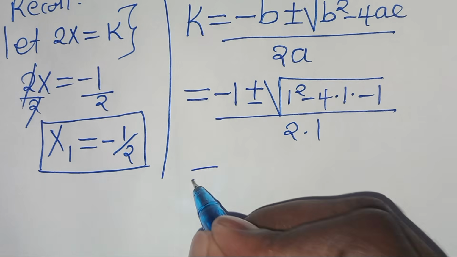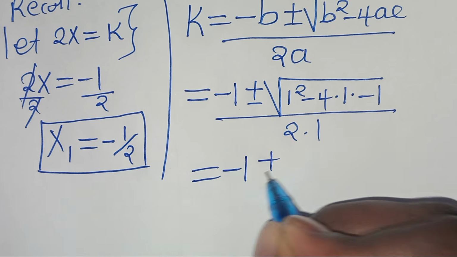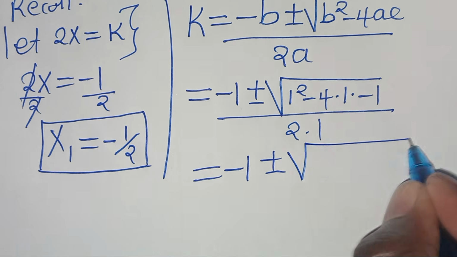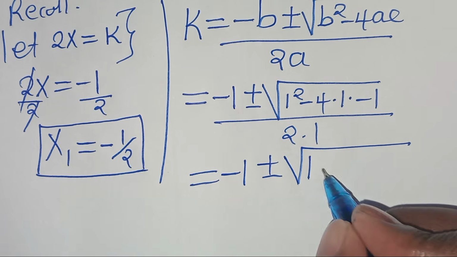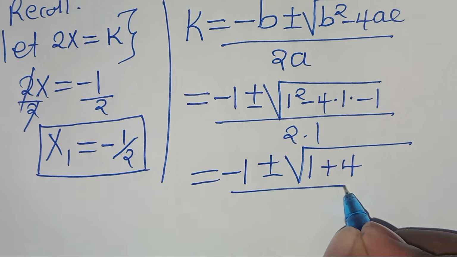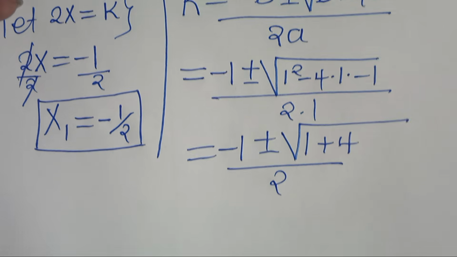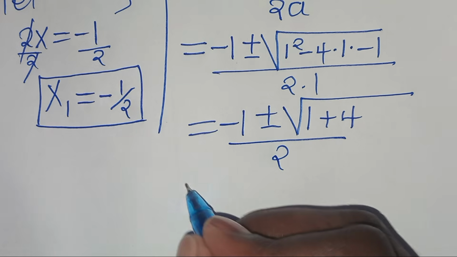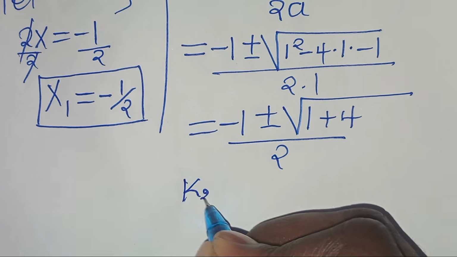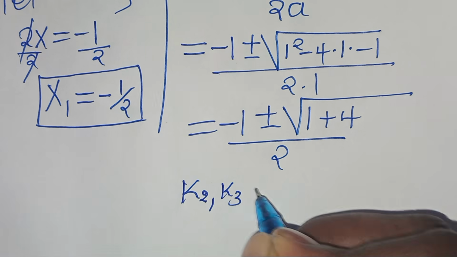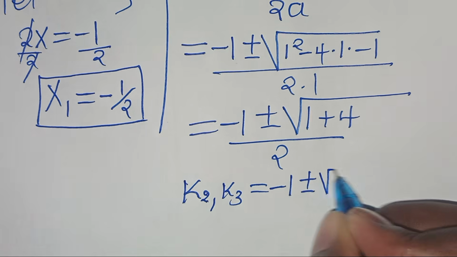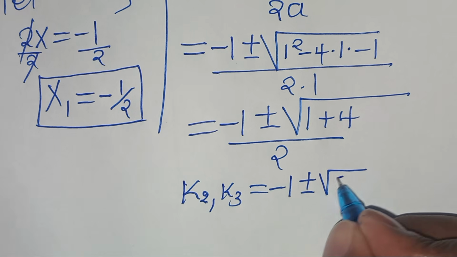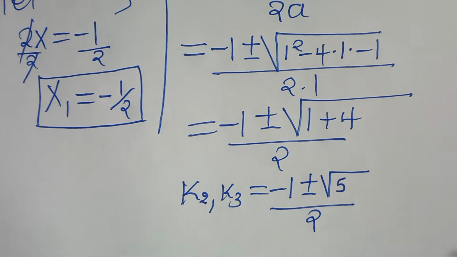So this implies that we have minus 1 plus or minus the square root of 1 squared, this is 1, minus 4 times minus 1, this is plus 4, then divided by 2. And this implies that k2, k3 is equal to minus 1 plus or minus the square root of 1 plus 4, which is 5, then divided by 2.